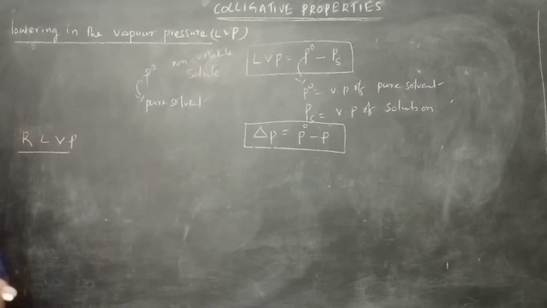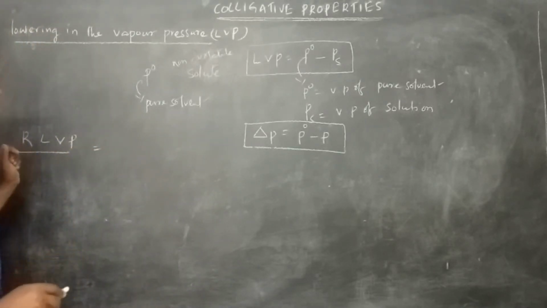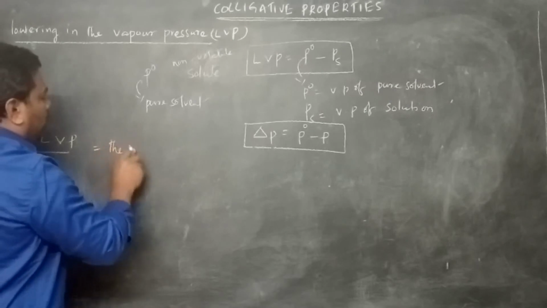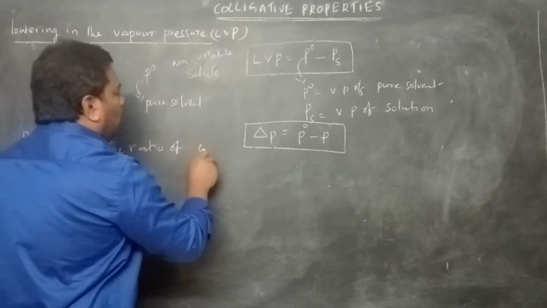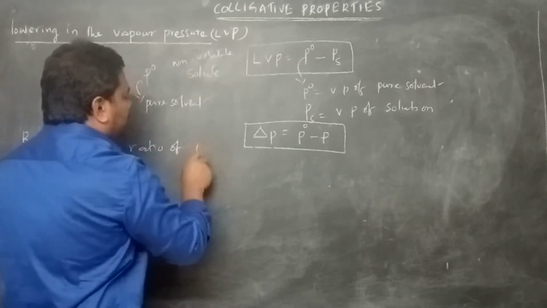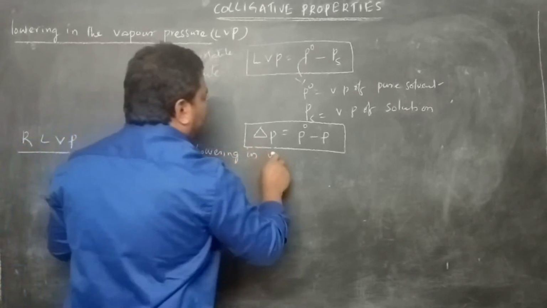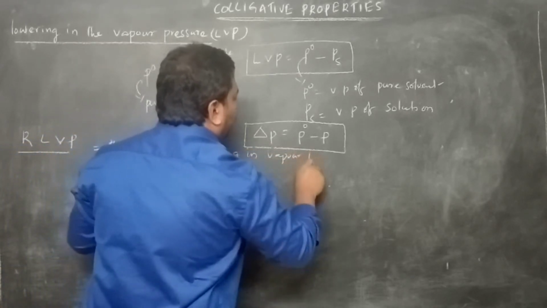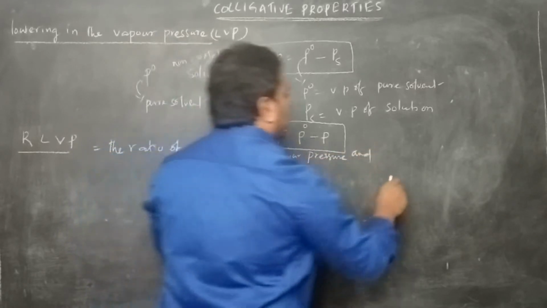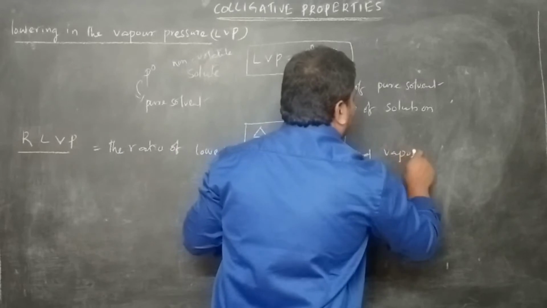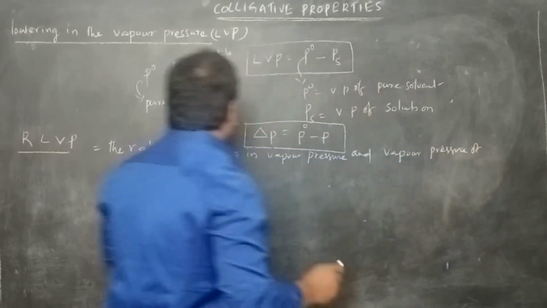So relative lowering in vapor pressure is the ratio of lowering in vapor pressure and the vapor pressure of pure solvent.